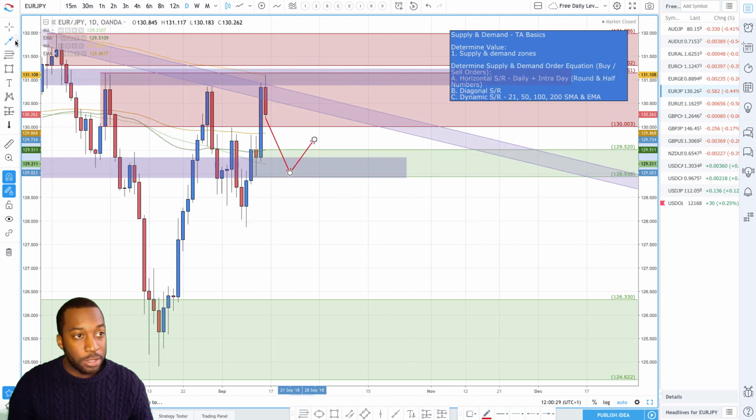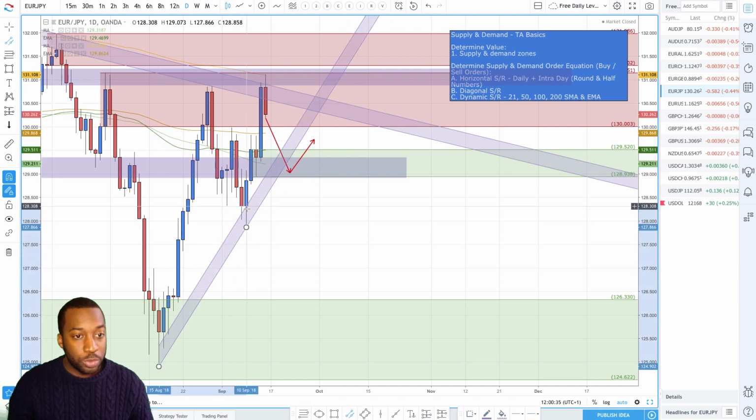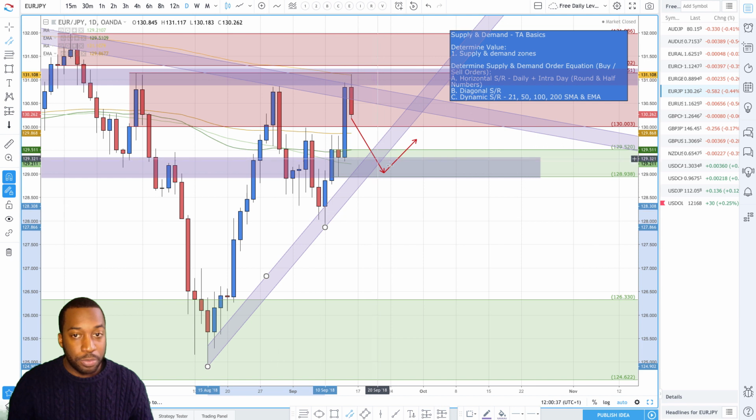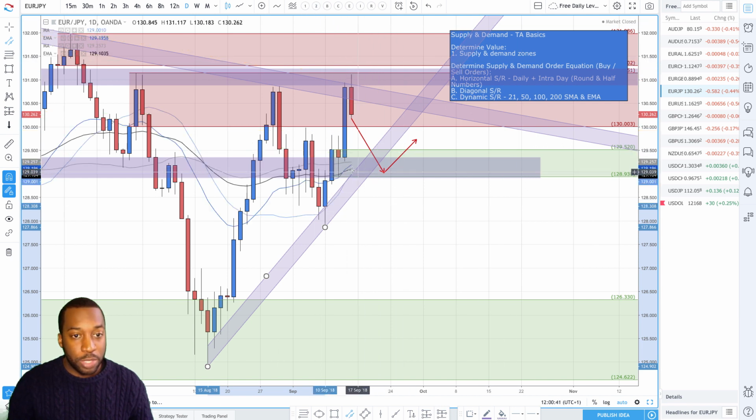Do we have any diagonal? Yes, we do. And then I think the moving averages are pretty much above, or they're around that area. Yeah, so we've got the 50 and the 21 in and around this area.